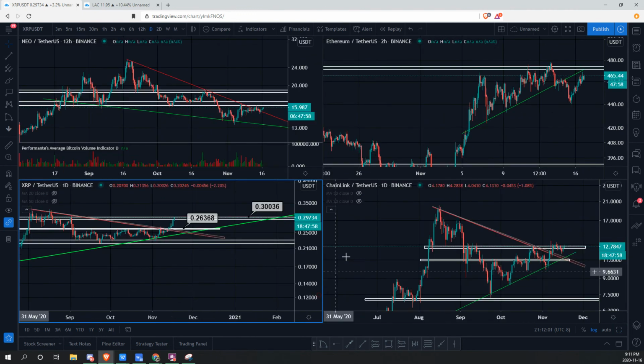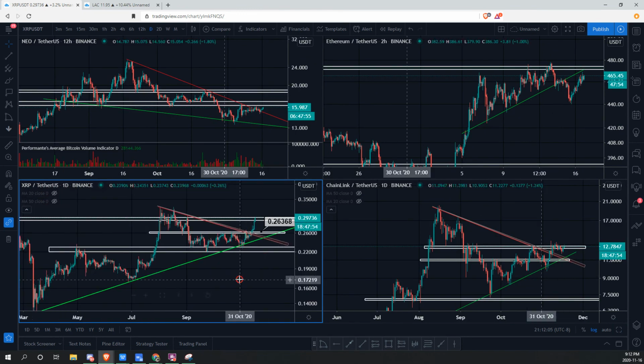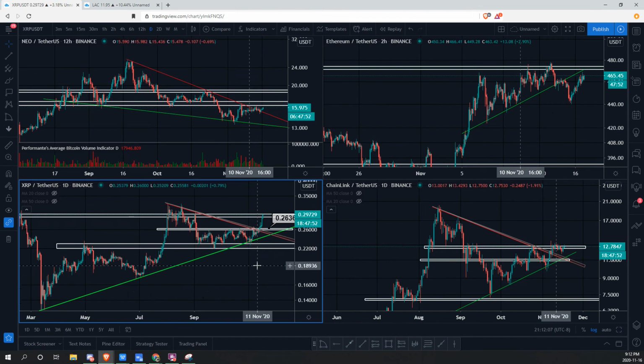That would really be nice, because I think it would make sense: BTC got its first kind of pre-bull run anticipation where BTC was running and a lot of other alts weren't. We kind of saw that in 2019 in the summer.